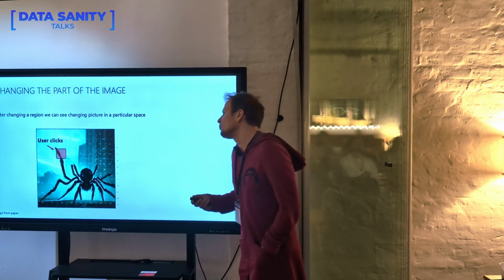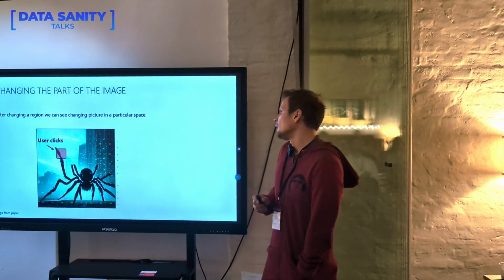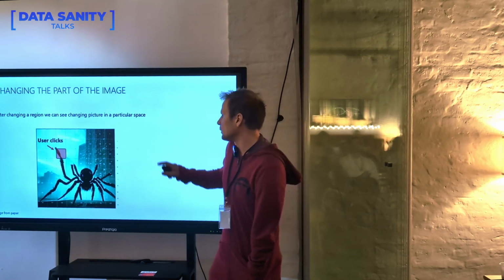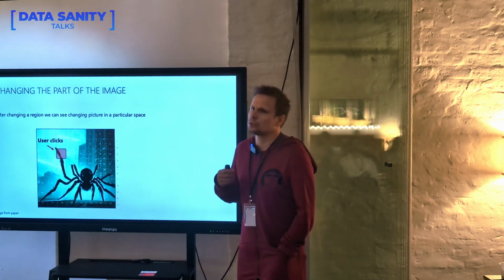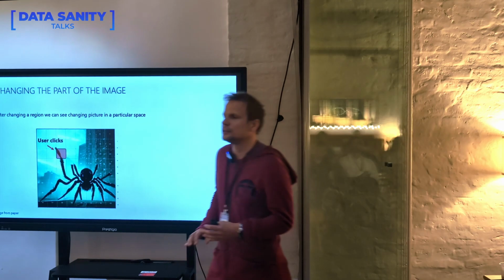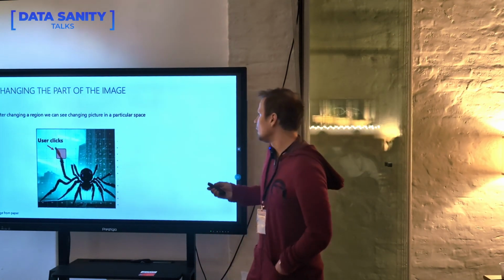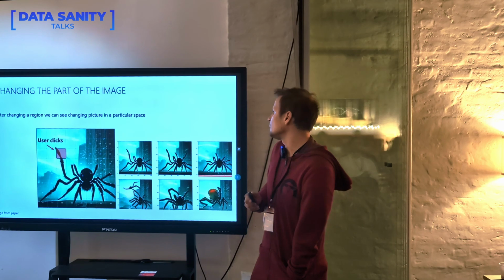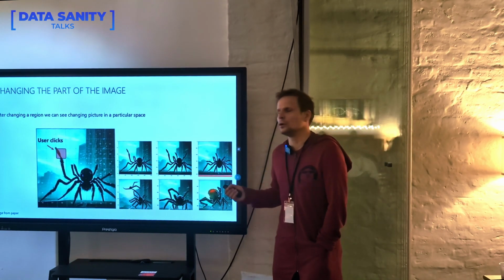And he wants to change that, but everything else he wants to keep as it is. So the user makes a click here, and then what we're doing is trying to add noise around this part of the image and continue the diffusion process, continue regeneration.